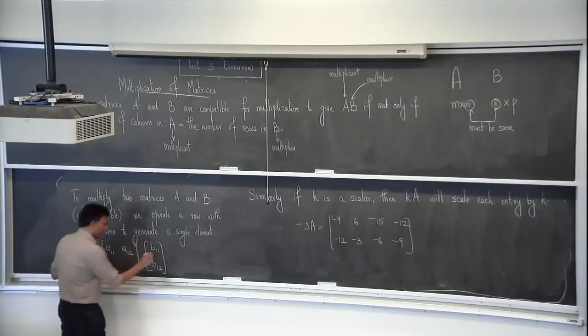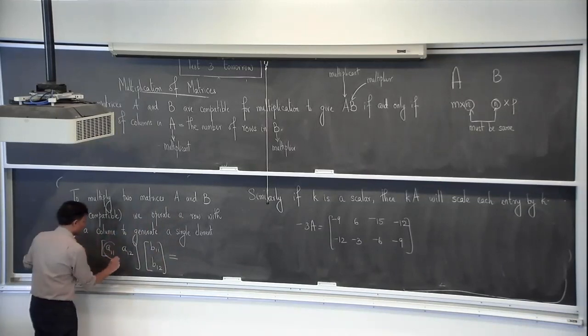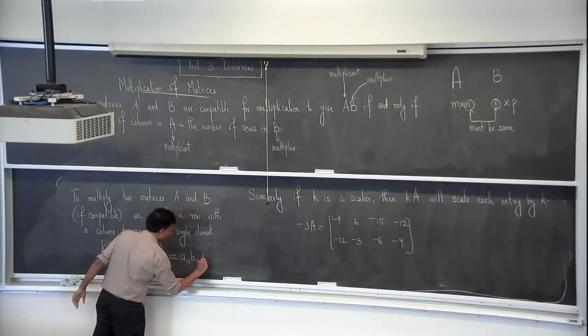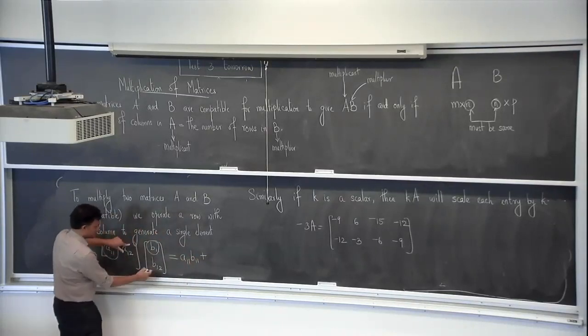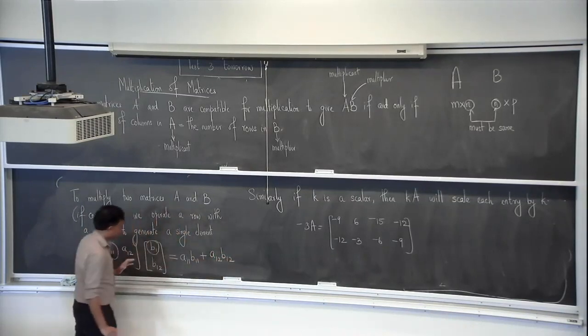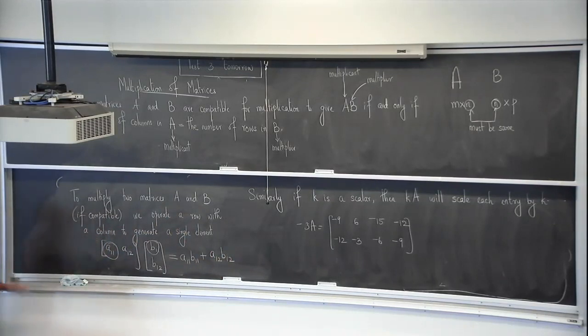The operation would remind you of what you probably did in the dot product of vectors. You're going to multiply these two, A11 times B11 plus A12 times B12. That is the row versus column operation. It's almost like your dot product of vectors where you multiply the components and add them together to get a number.